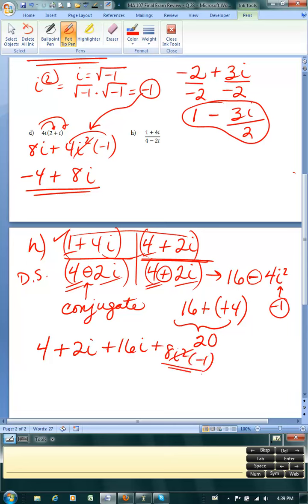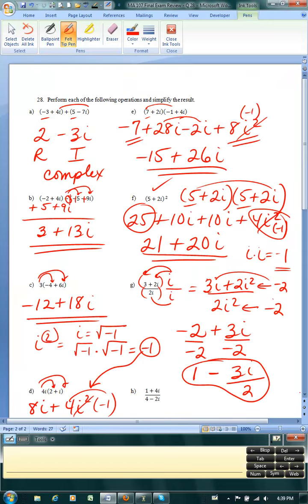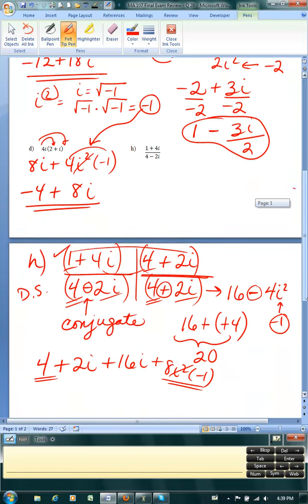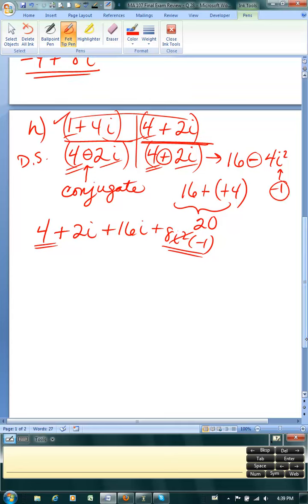So in terms of the real number, we have negative 8 and positive 4. So negative 8 and positive 4 is negative 4. The imaginary part is 18i.